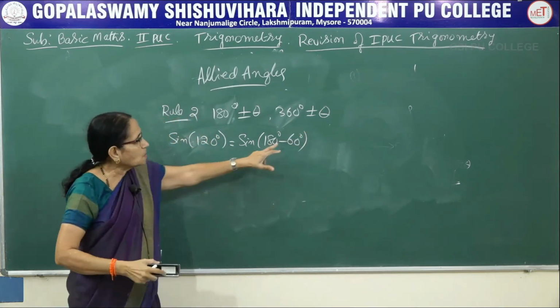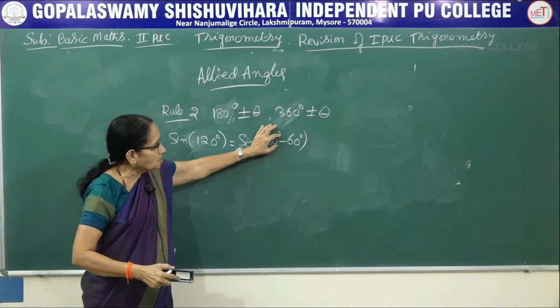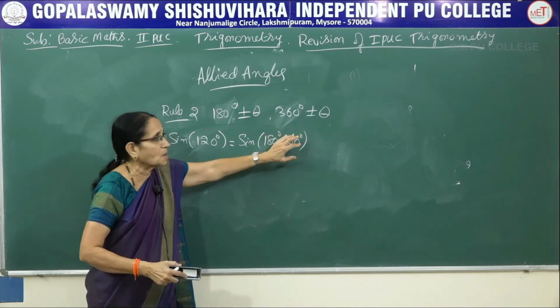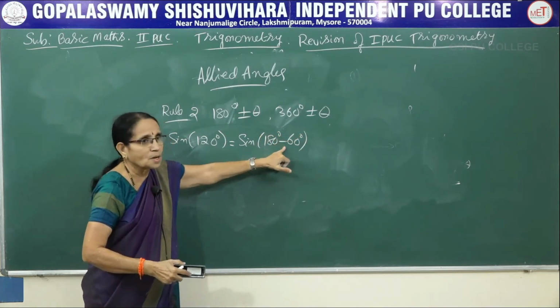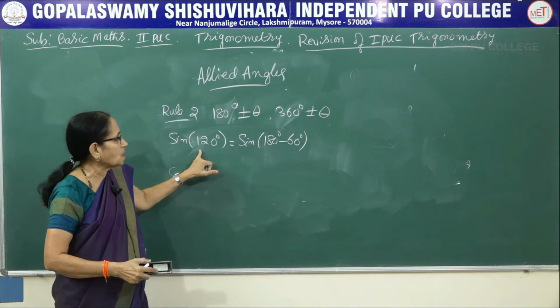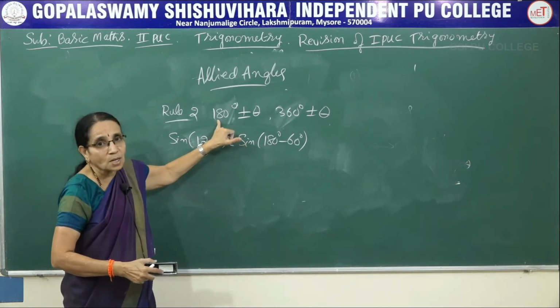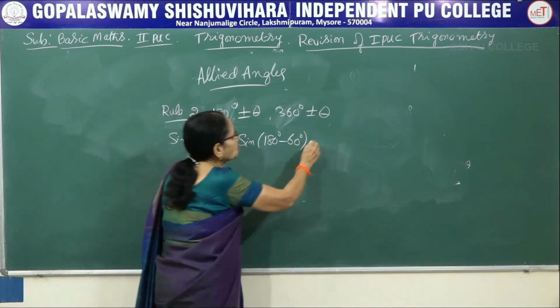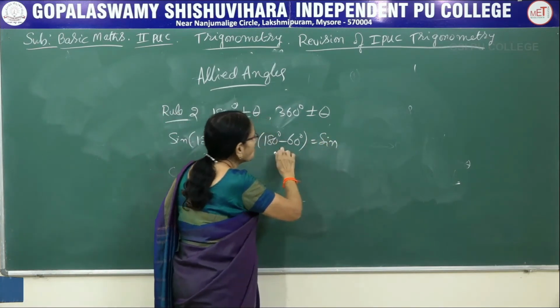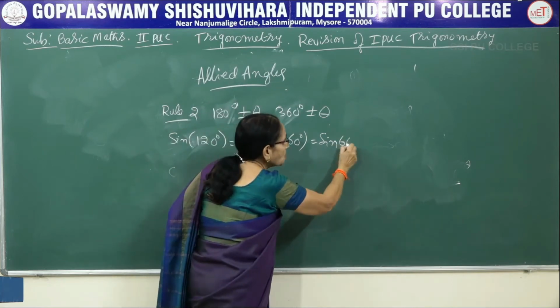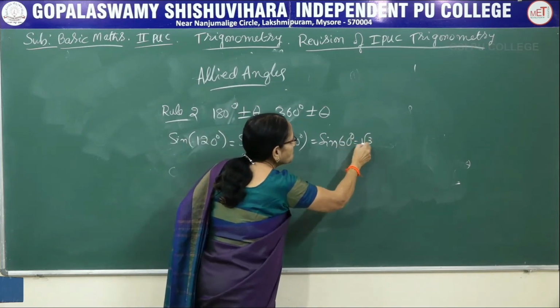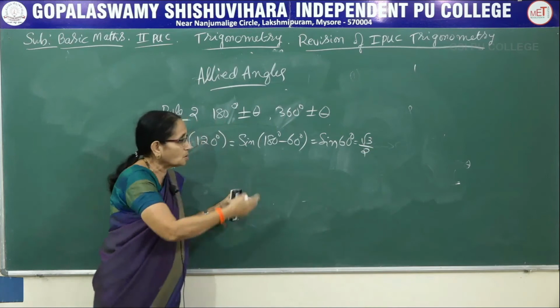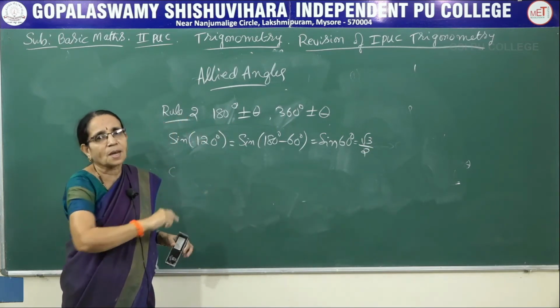See here, it may be minus or plus, you don't consider that, you have to take only the second number. So 180 minus 60 equals 120. Now you observe that I am using 180, therefore there is no change in the function, it would be sine only. Don't write minus 60, it is sine 60, and this is again root 3 by 2. So we got the same value as in the previous case also.